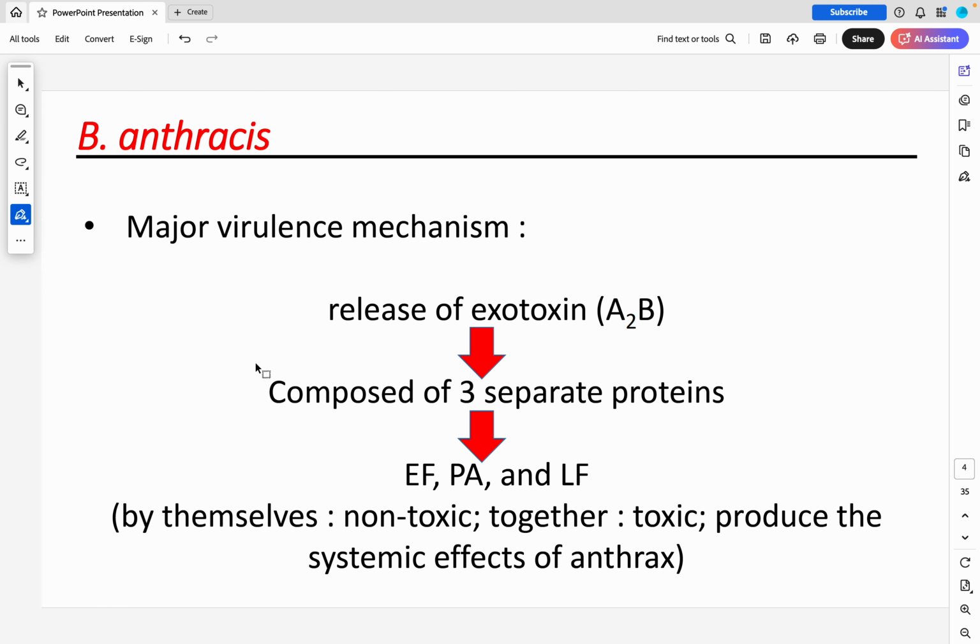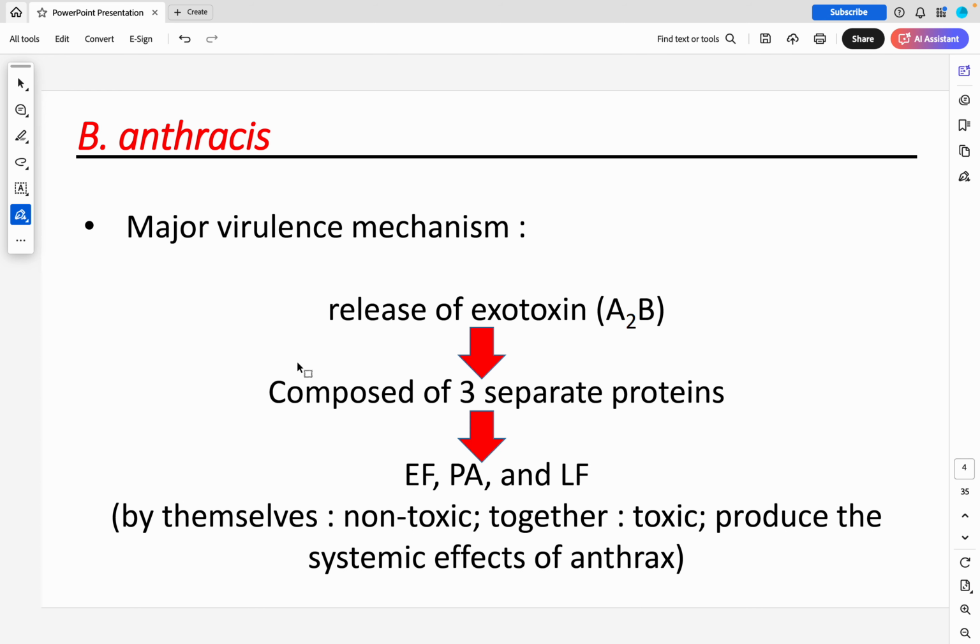Okay. Now, the major virulence factor of Bacillus anthracis is actually a set of released exotoxins. B. anthracis produces a tripartite, or three-component, exotoxin: an edema factor, a lethal factor, and PA, which stands for protective antigen.